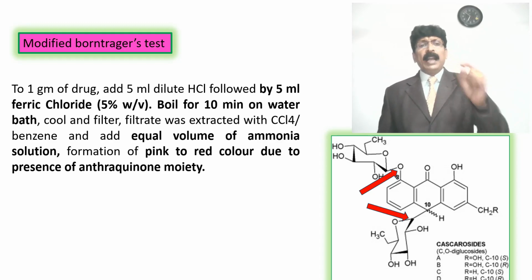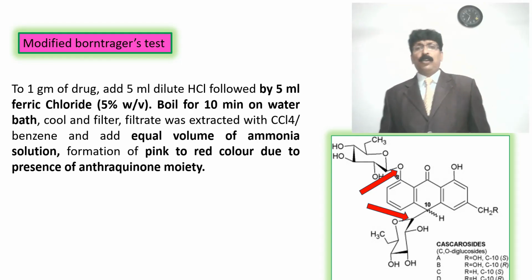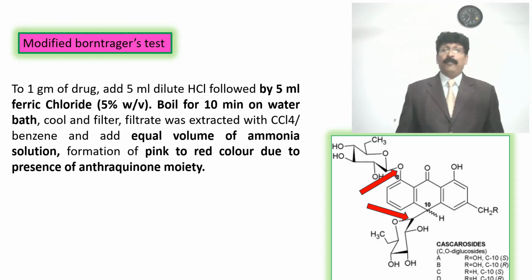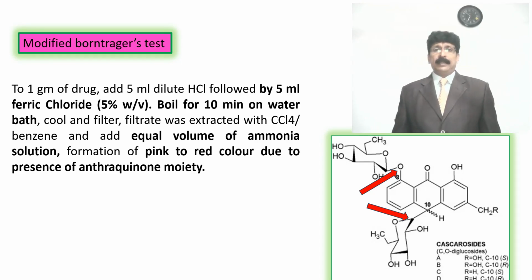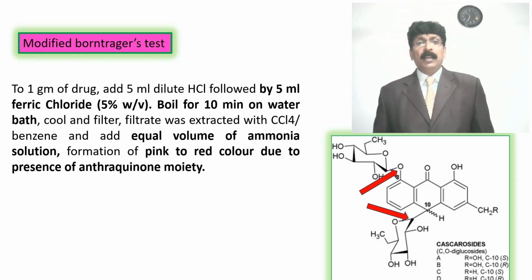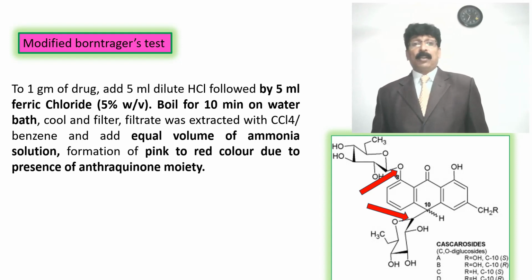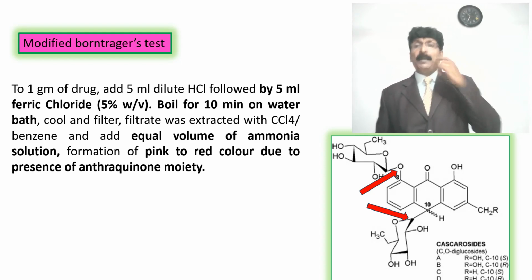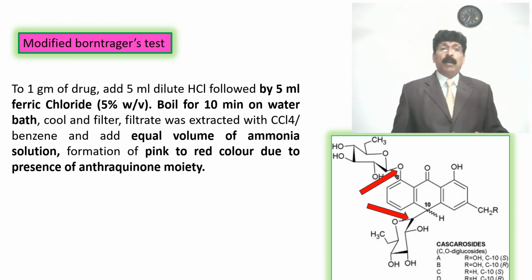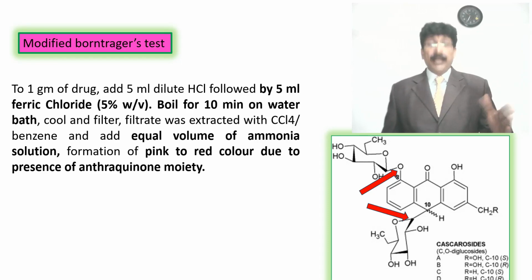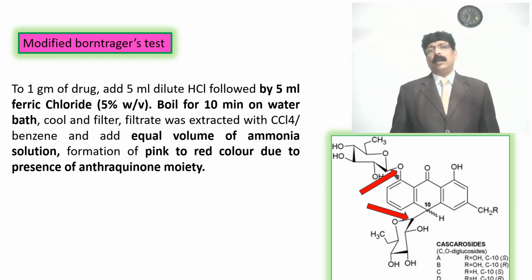Take 1 gram of the plant drug powder, add 5 ml of dilute hydrochloric acid followed by 5 ml of ferric chloride, which we have not done before, and boil for 10 minutes in a water bath and filter. This filtrate you extract with carbon tetrachloride or benzene, and then transfer the carbon tetrachloride to another test tube with an equal volume of ammonia solution, ammonium hydroxide.